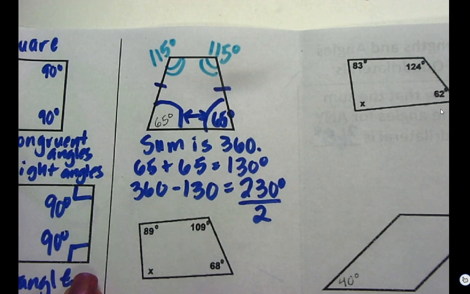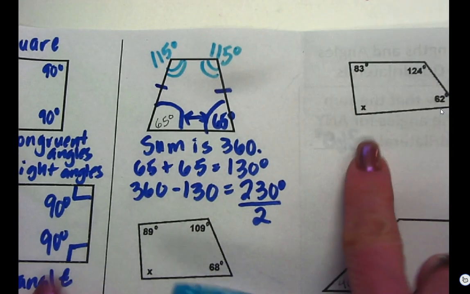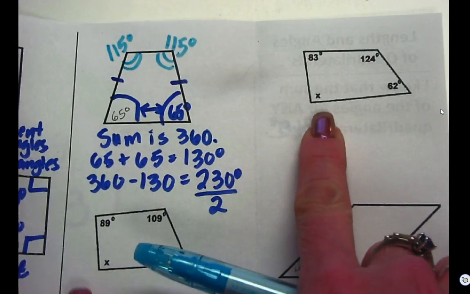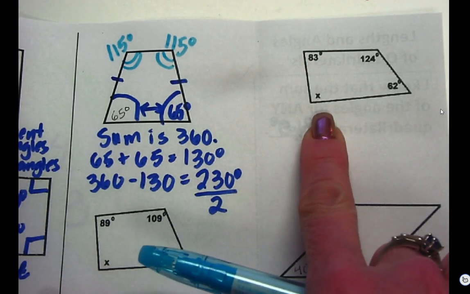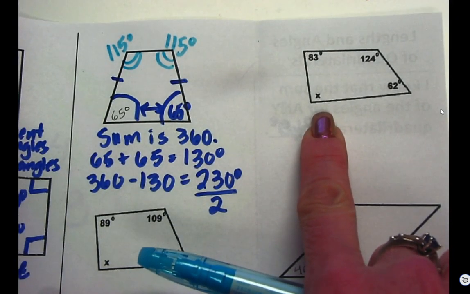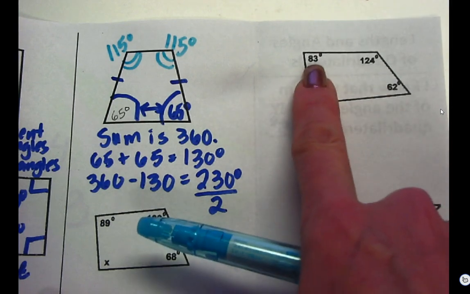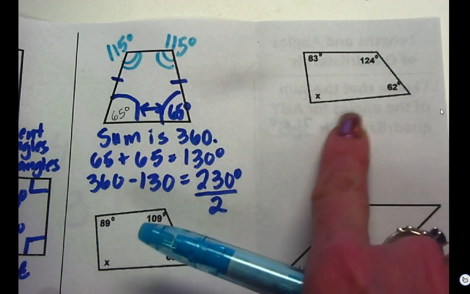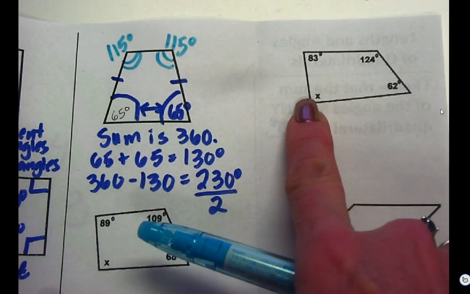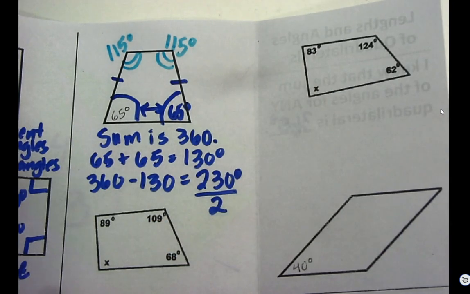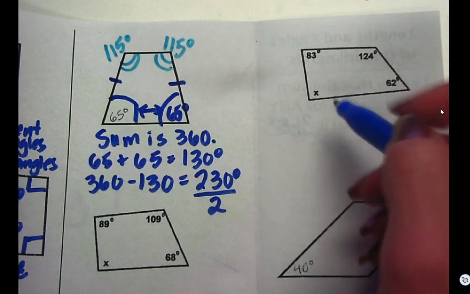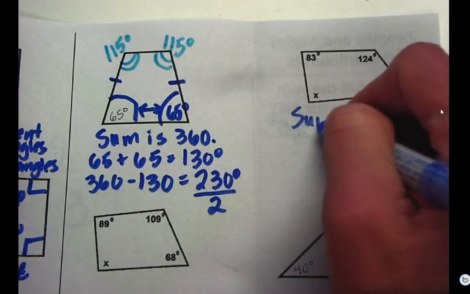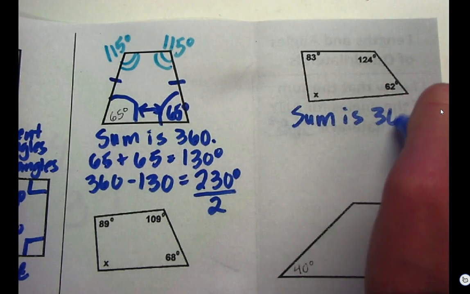All right, so if we look at this shape over here, is this a trapezoid or parallelogram or anything? It might be a trapezoid, but look how only one angle measure is missing. How could I figure out that one missing angle measure? Add them all up and do what? Subtract from 360. So I know my sum is going to be 360.